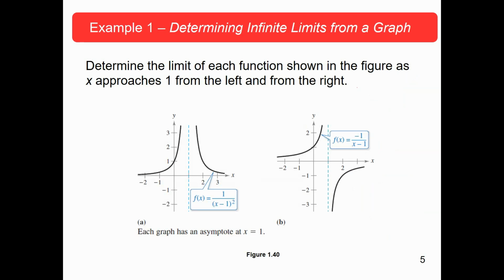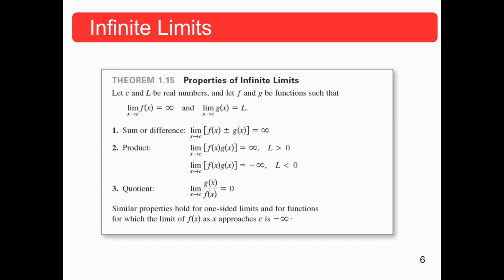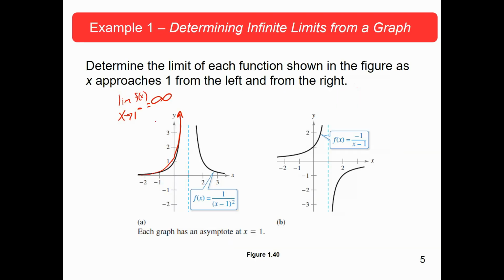So let's look at this example. We want to determine the limit of each function shown in the figure as x approaches 1 from both the left and the right. So here, if we look at it from the left, it's going up towards infinity. So as x approaches 1 from the left, we know that's positive infinity.